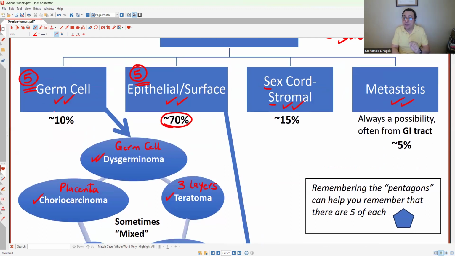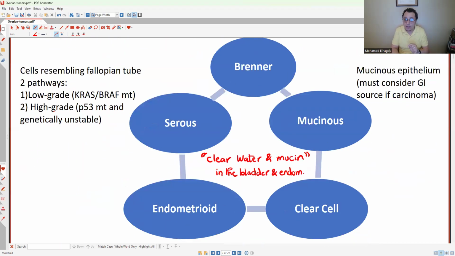And then the epithelial or surface tumor. What are the 5 entities? I always have a mnemonic for this: clear, water, and mucin in the bladder and endometrium. Clear, water, and mucin in the bladder and endometrium. So clear makes you memorize clear cell carcinoma. Water makes you memorize serous.